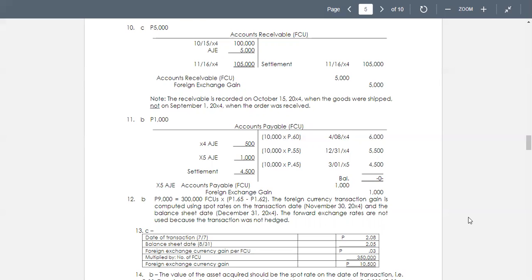So it's actually a gain to the extent that the exchange rate reduced from the rate of July 7, that's 2.08, to the rate on August 31, is only 2.05. So we have a gain of 10,500.